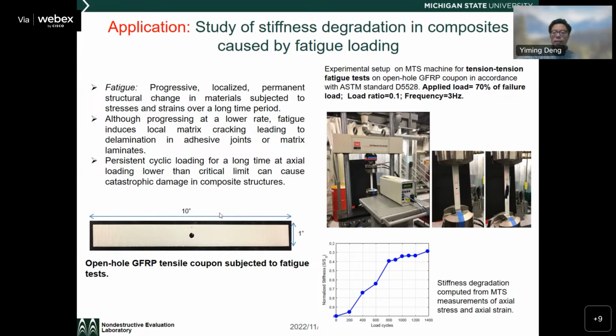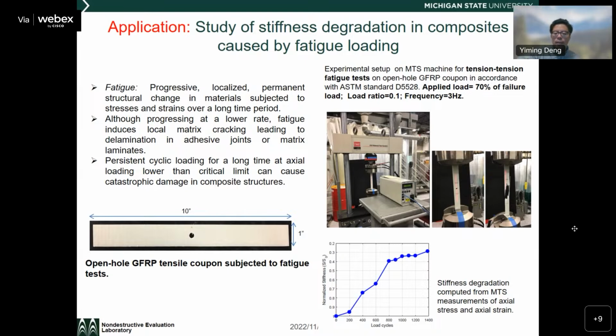We followed ASTM standard D5528 with the applied load at 70% of the failure load, with load ratio 0.1 and fatigue test frequency at 3 Hertz.